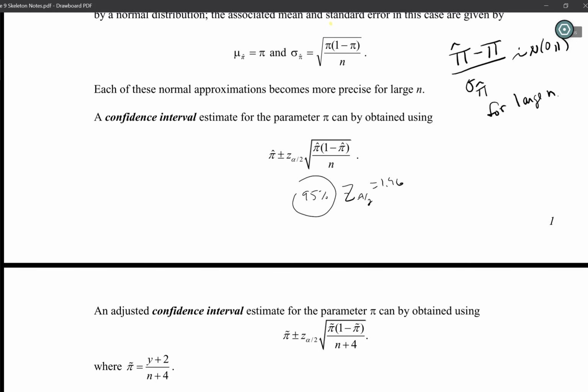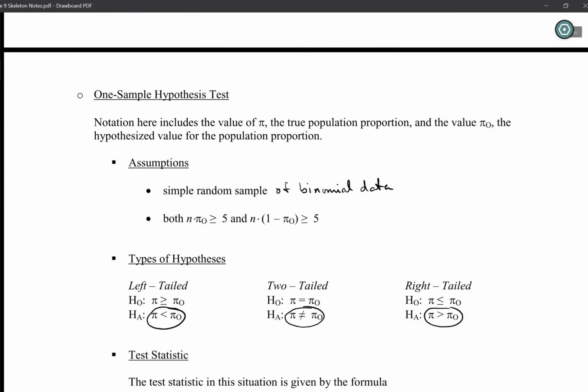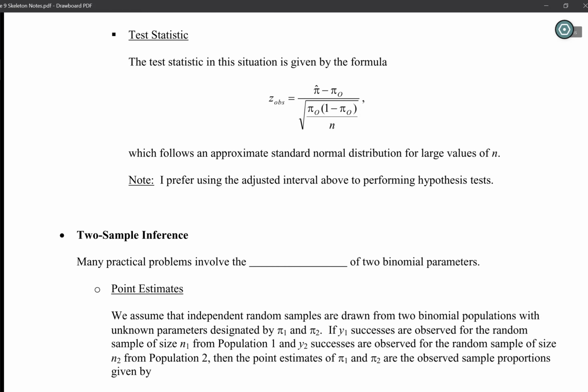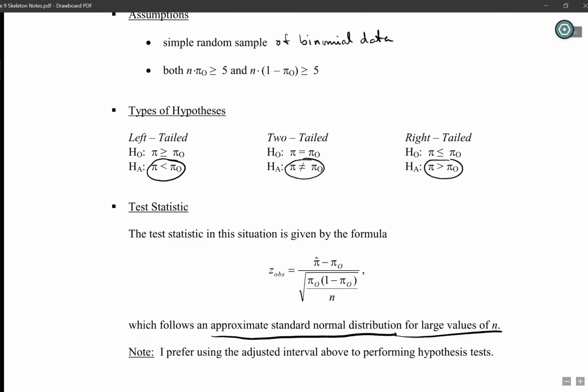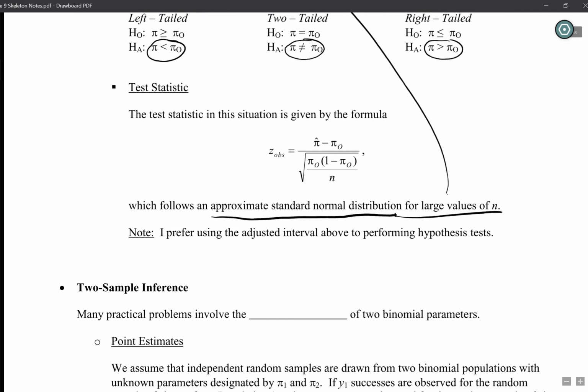We substitute in the value of pi under the null hypothesis. We put pi naught there, pi naught, and pi naught. We compute that, and that follows an approximate standard normal distribution for large values of n, where large means this rule of thumb.